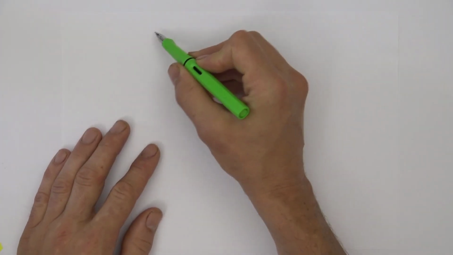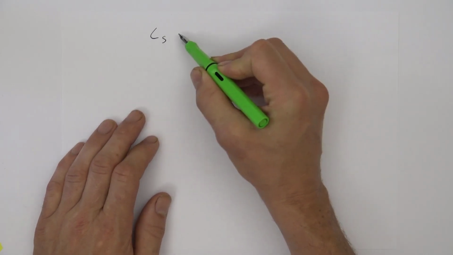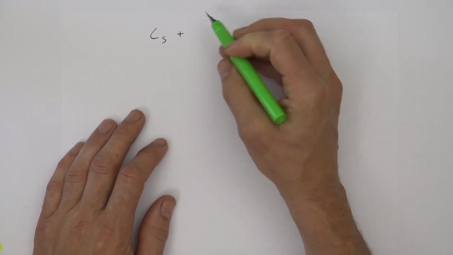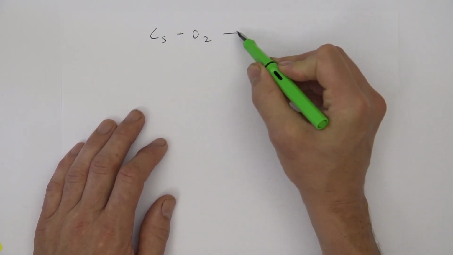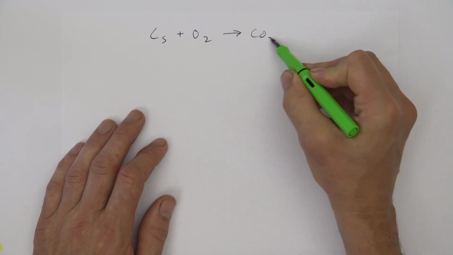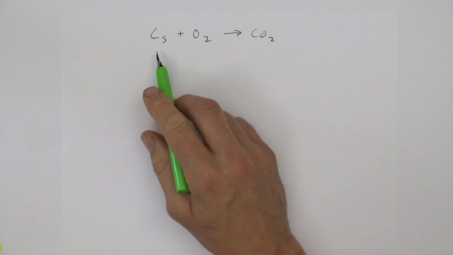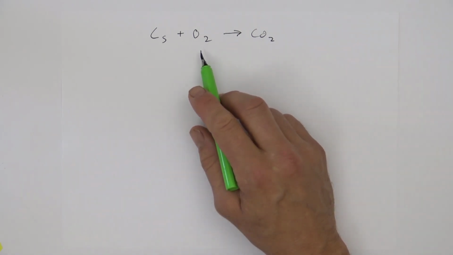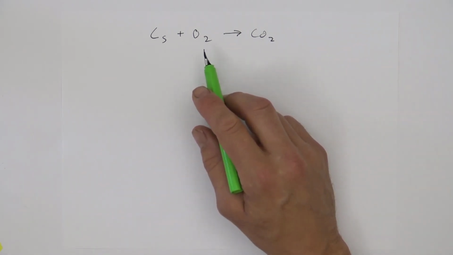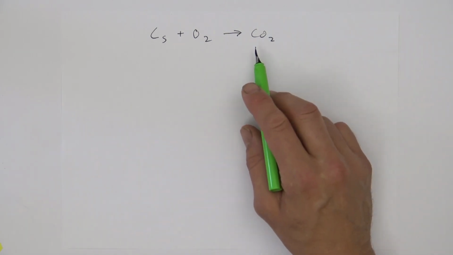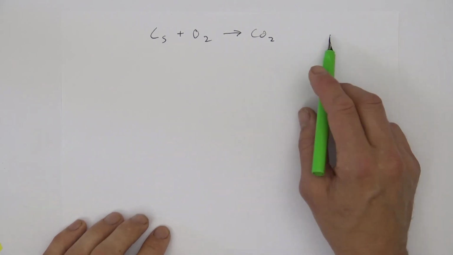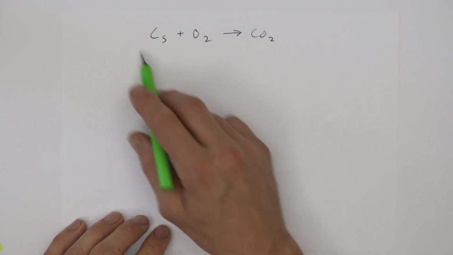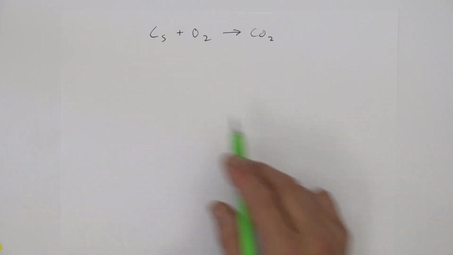And the respiration process can be very simply written like this. We have a carbon substrate, and we have oxygen that is consumed, and we have carbon dioxide that is produced. We also have water here, and we have oxygen and hydrogen in the substrate here, but let's make it very simple.